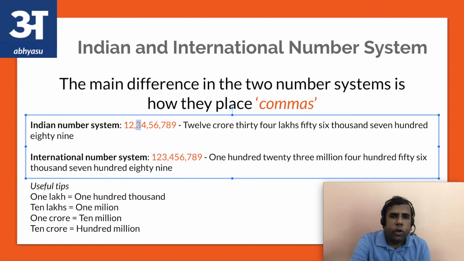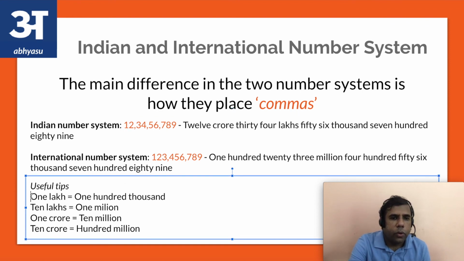So 3 is going to be 10 lakh, like we say 34 lakh while saying this number, while 3 is millions place in this number, right? So 10 lakh is 1 million. 1 crore, the next place is going to be 10 million, as well as 10 crore is going to be 100 million. That's why this was 12 crore, right? While this was 123 million.